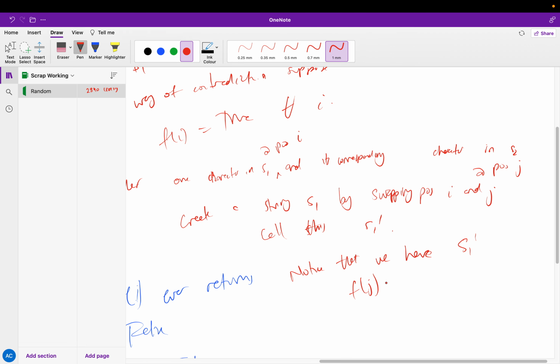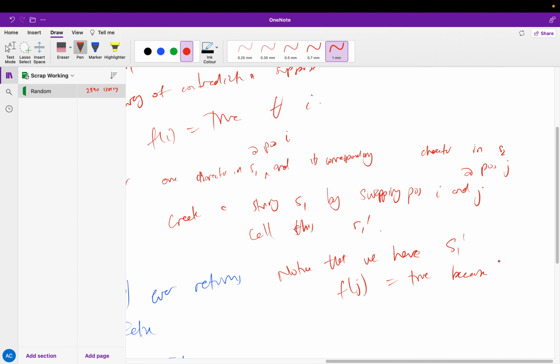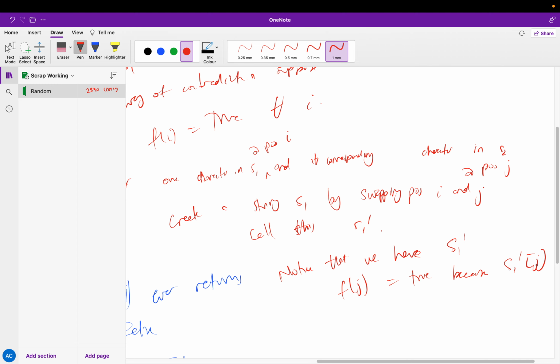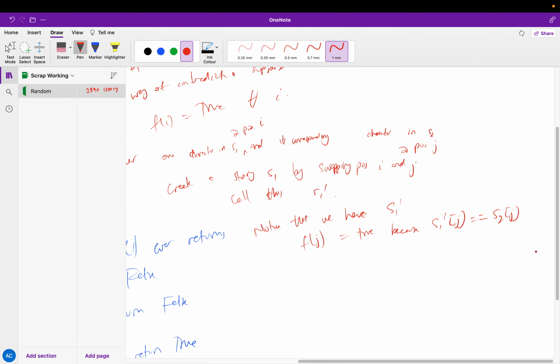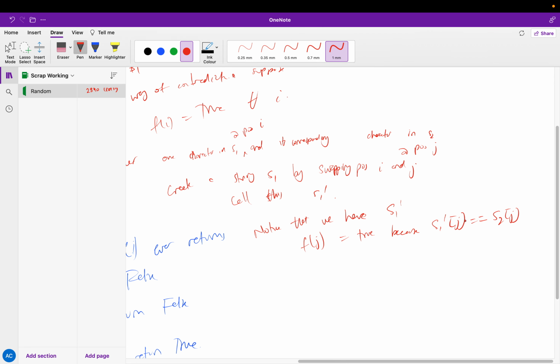f of j at S1 prime would equal true because S1 prime at j is equal to S2 at j. It's the same character, so there's no problems there.